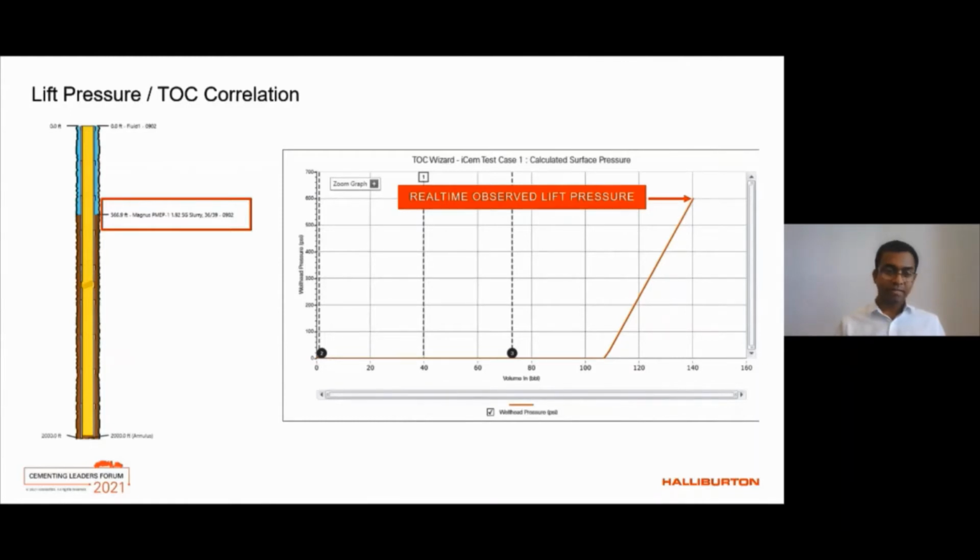In this case, it is saying that the cement volume you have pumped is not reaching all the way to the top because of the open hole access that should give you the surface pressure of 600 psi, and it is only reaching up to 560 odd feet.